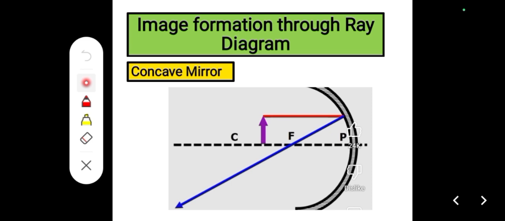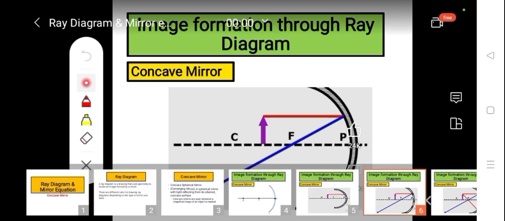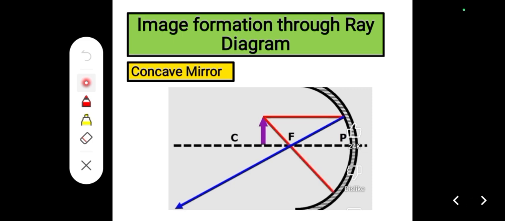That's the first rule. Next, another ray of light, again coming from the topmost part of the object, is passing through the focus. Once it hits the mirror, it will be reflected.